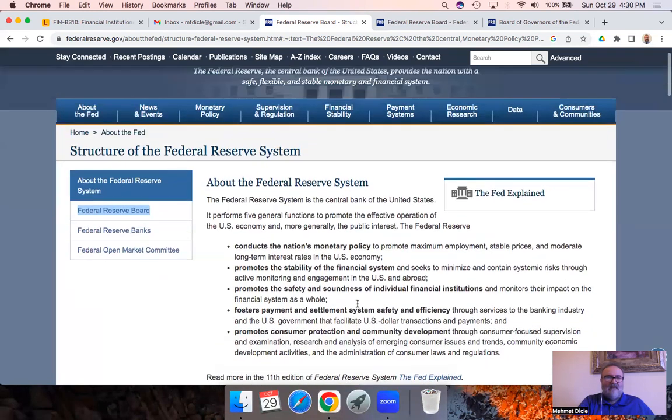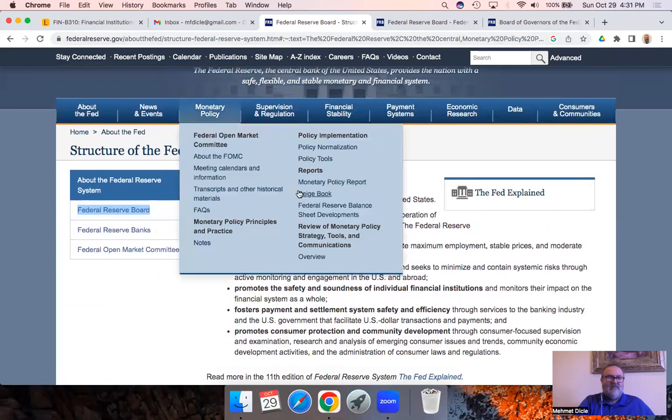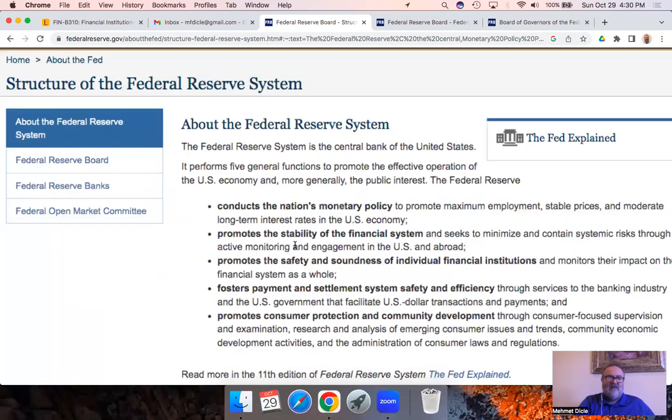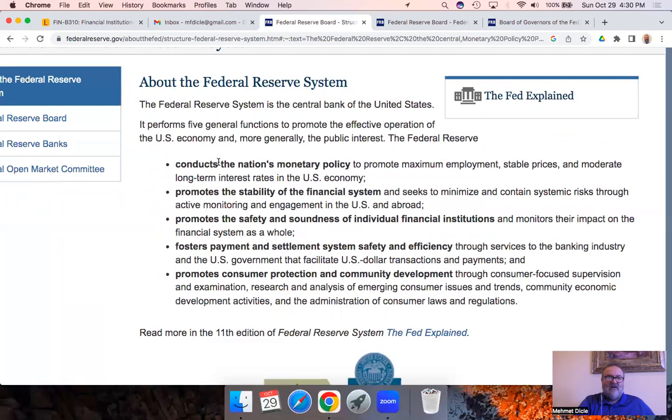So let's take a look at this, the Federal Reserve explaining their own system. Just as we talked about, they say their charges are conducting the nation's monetary policy, stability of the financial system, safety and soundness of individual financial institutions, payment and settlement system safety and efficiency, and promoting consumer protection and community development. Notice nowhere here does it say anything about investors.